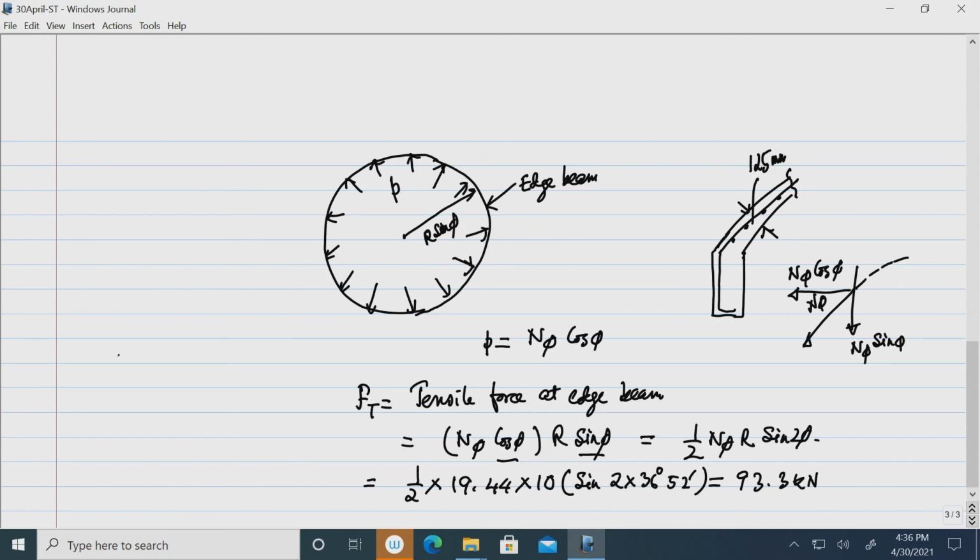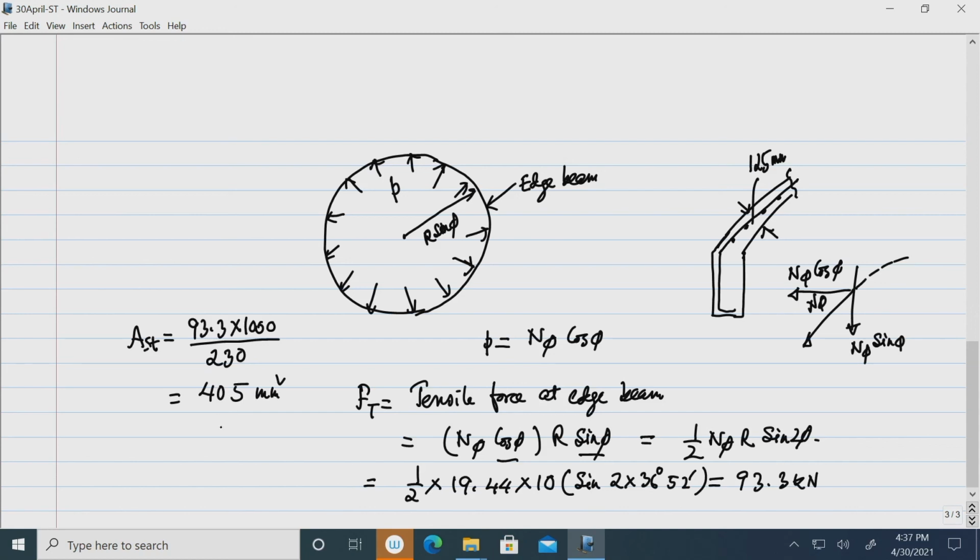So, AST for the ring beam is now found out. The total tensile force is 93.3 into 1000 divided by the permissible stress 230. So, this area becomes 405 millimeter square.